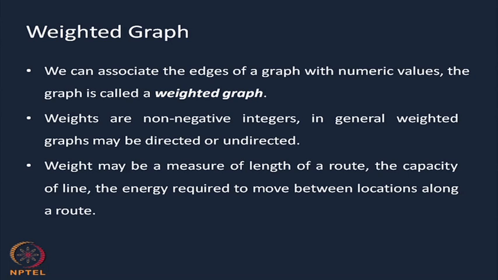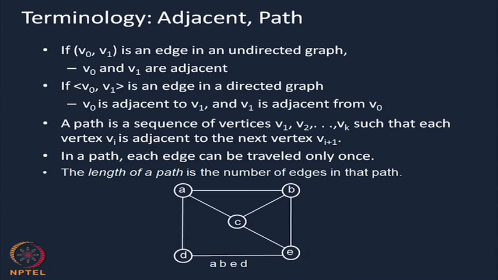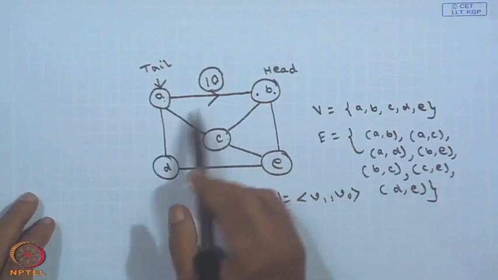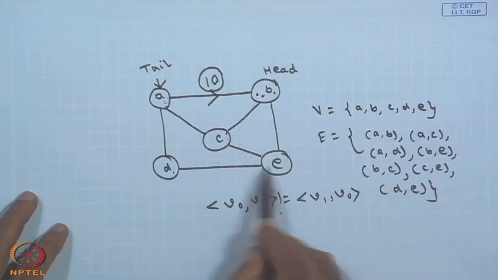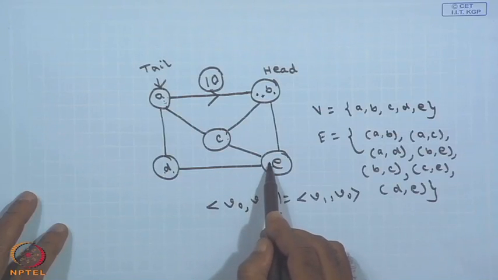Now, we will use some notations. If V 0, V 1 is an edge of an undirected graph, then you say that V 0 and V 1 are adjacent. In this figure, if you draw A B, you can say A B is adjacent, or this D E is adjacent.